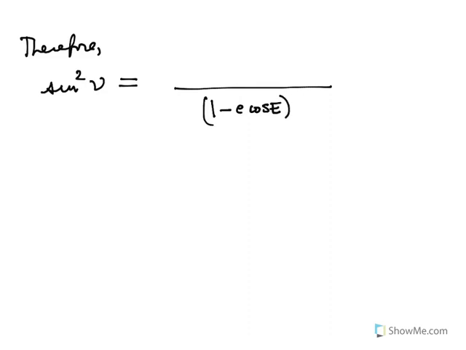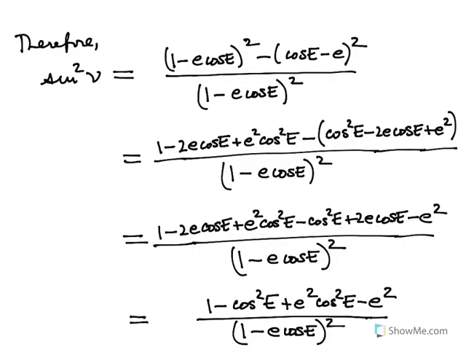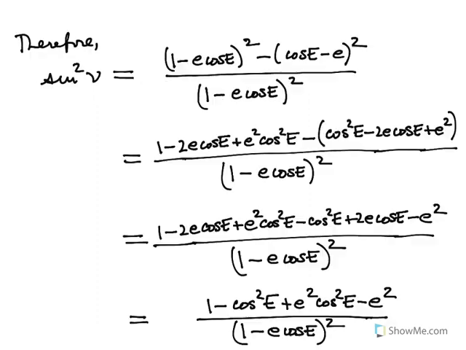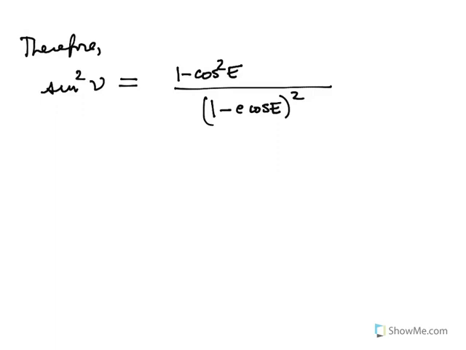So therefore, sine squared nu is equal to, well, again, the denominator doesn't change. It's 1 minus e cosine of E, the whole thing squared. And the numerator, we've got 1 minus cosine squared E. And now what we can do is factor out the e squared out of the second term with a negative sign.